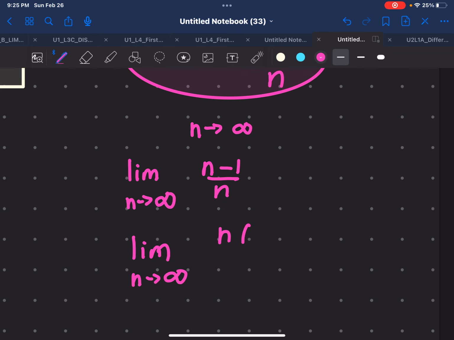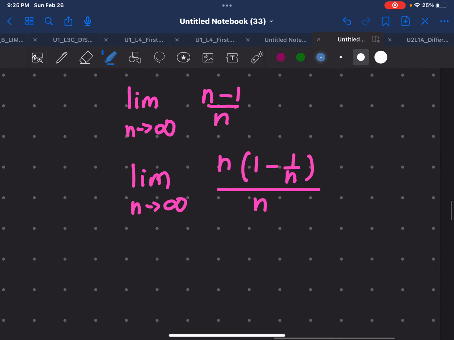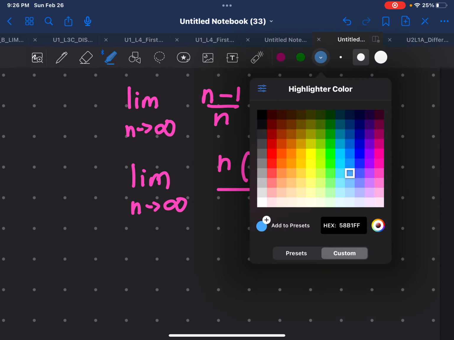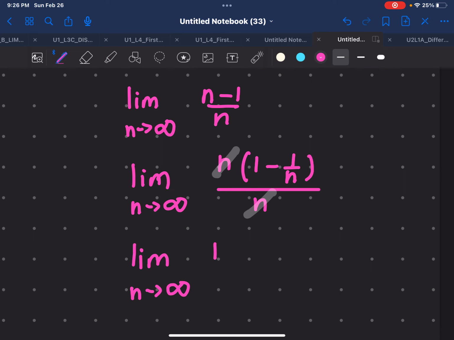We have explained this in the past, how to find limits at infinity. So if you need help with it, you can always go back to the lesson. So we are factoring n from both numerator and denominator. In the denominator, n is the only term. And now it's time to simplify n. So this will turn to the limit as n approaches infinity of 1 minus 1 over n.